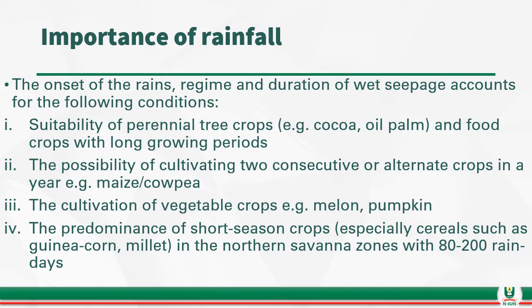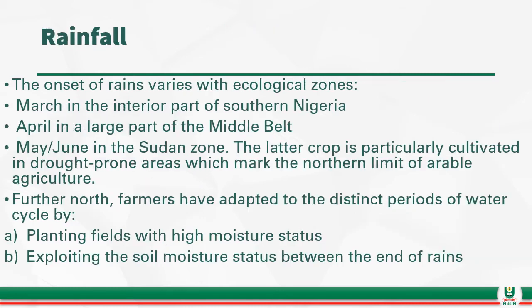Also for the cultivation of vegetables you need rainfall, and for the predominance of short season crops, especially cereals. Like maize, you have some that are 40 days. So you want to use the opportunity to quickly grow as many cycles as you can. So short season crops can be planted during this period. So that is why rainfall is very important.